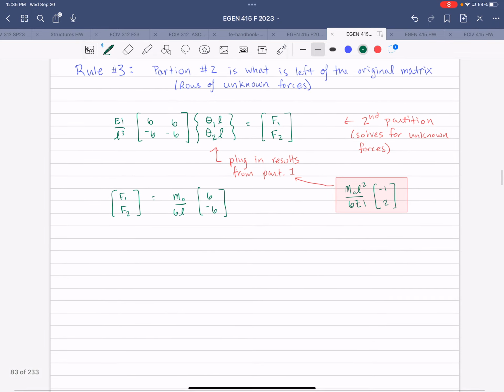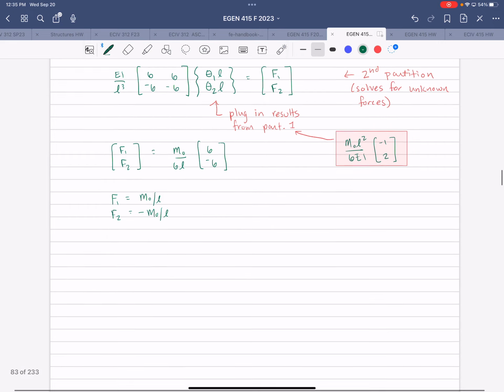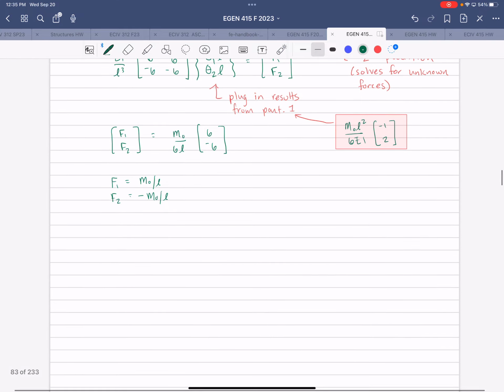All right, so then we have F1 is m naught over L, F2 is negative m naught over L. We want to verify that with equilibrium.